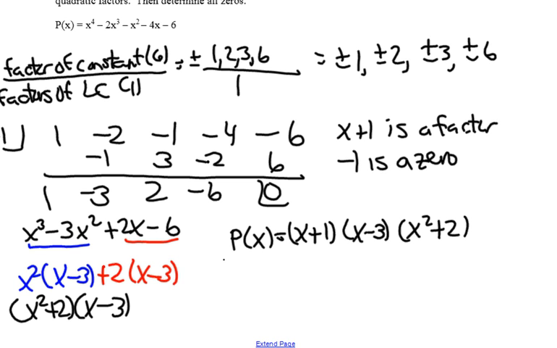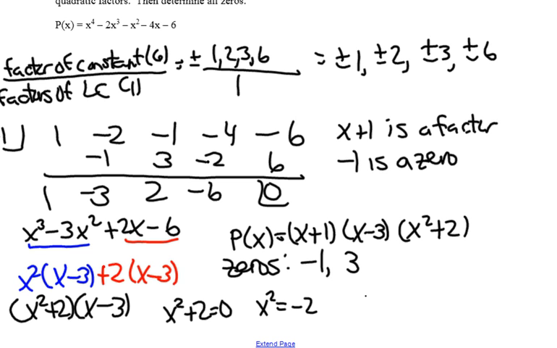Now, my zeros. Two of these I can tell very quickly. If x plus 1 is a factor, then the zero is negative 1. If x minus 3 is the factor, we know the zero is 3. Now, I've got to do a little bit of work for x squared plus 2. Set this factor equal to 0, subtract the 2, and then take the square root of both sides.